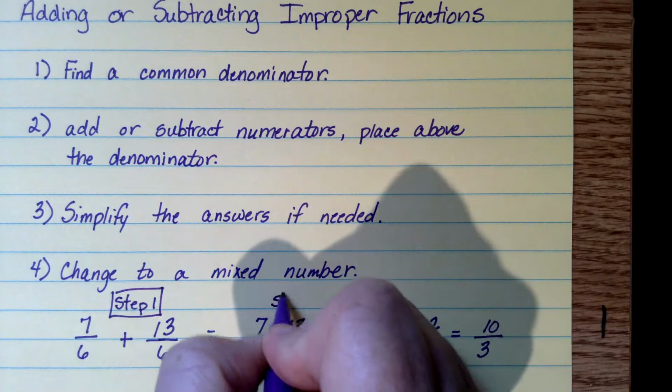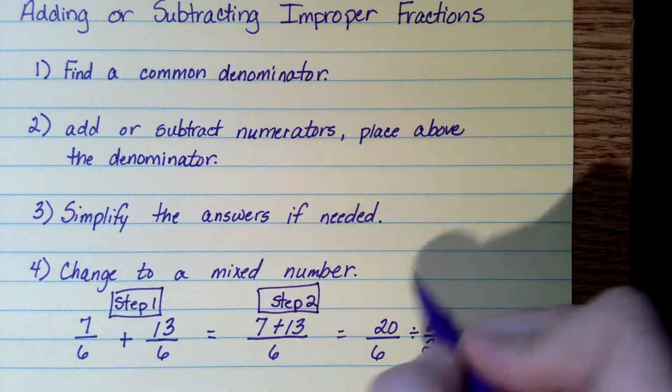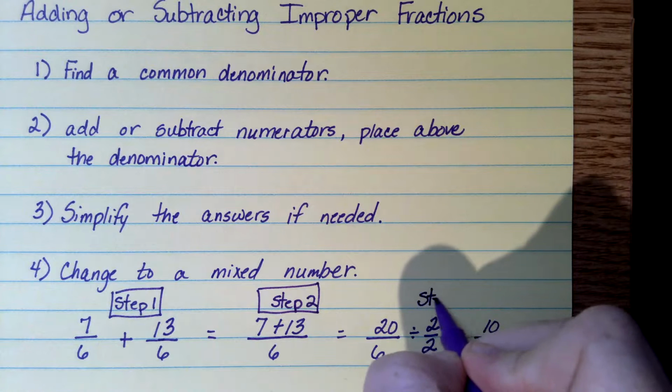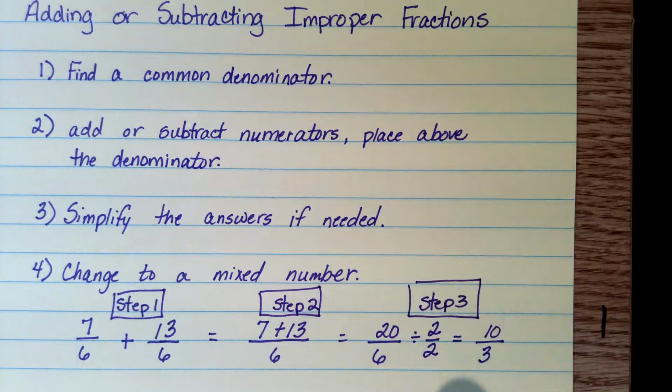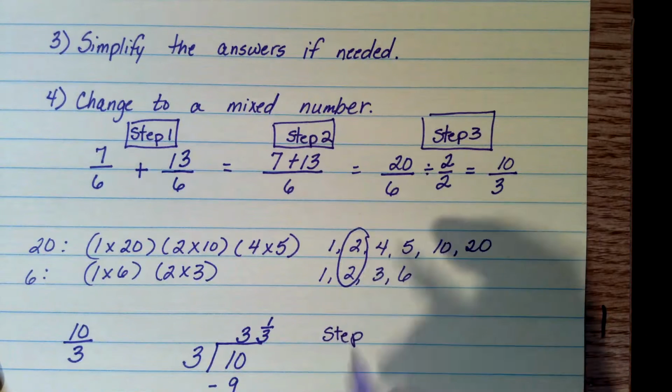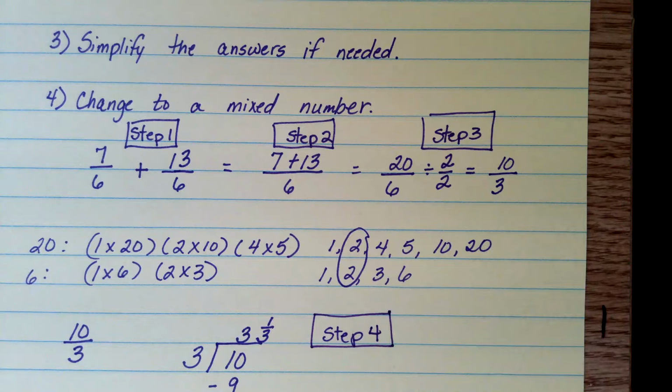Step 2. Step 3. And step 4. All right, so that's adding improper fractions with like denominators.